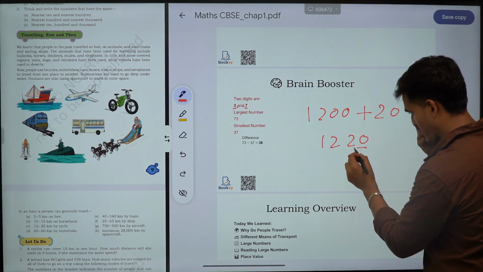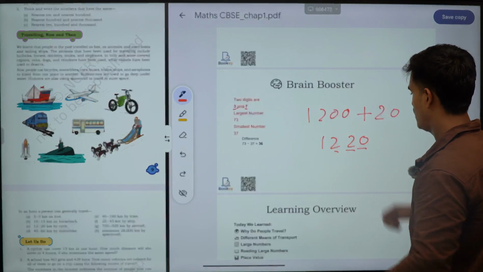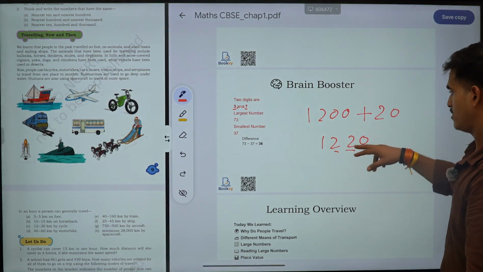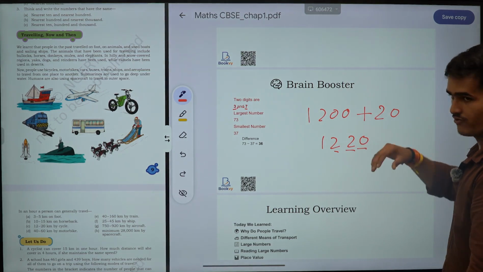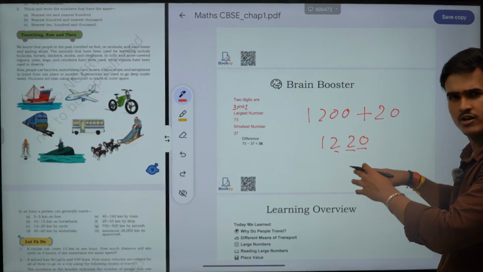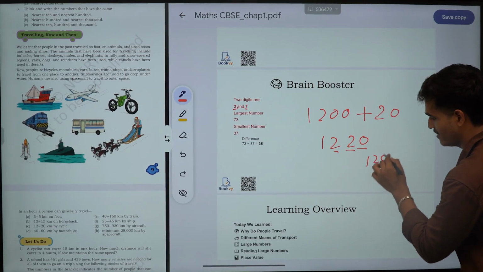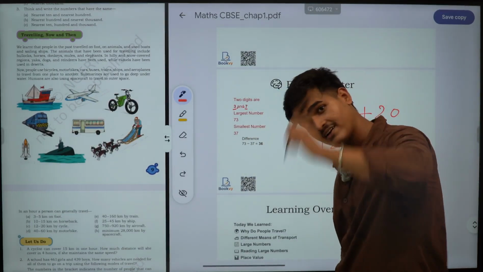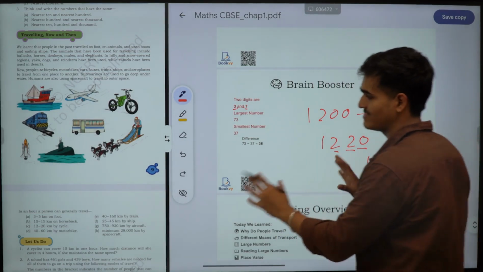So you will see the units place, then the tens place, then the hundreds place. The units place has 0, which is below 5, and the tens place is 2, which is below 5. So what is the rounded figure of this? Easy, 1200. How? Because all the digits are going down.